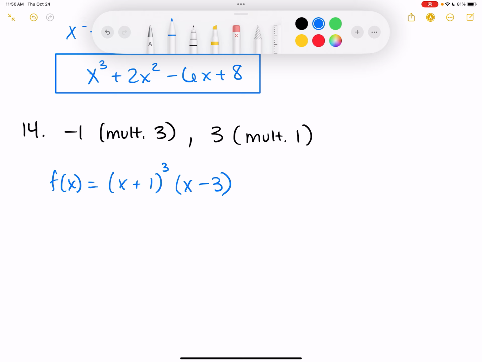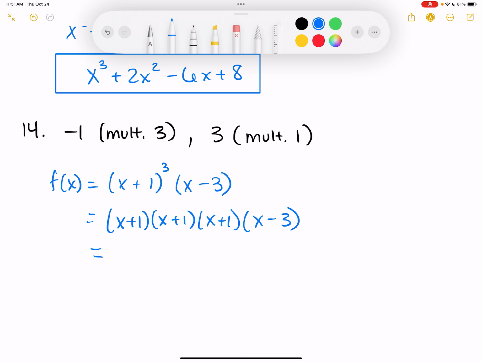So this would be the same as x plus 1 times x plus 1 times x plus 1 times x minus 3. If I multiply x plus 1 times x plus 1, that's, excuse me, a perfect square trinomial, and so what would that factor into?